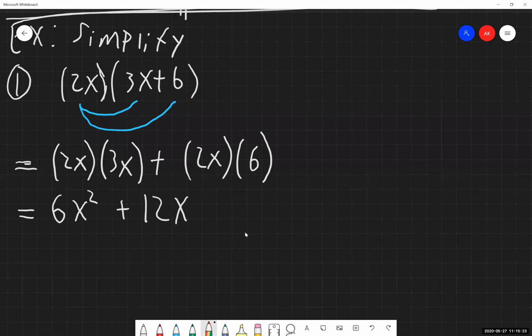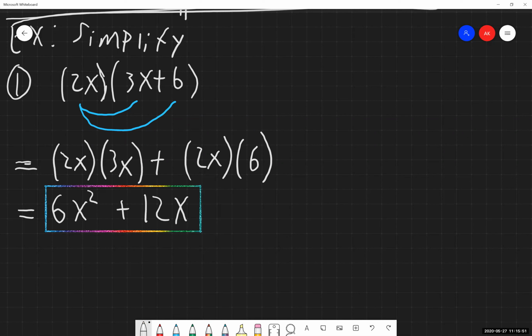I look to see, do I have my answer in standard form, meaning in alphabetical order and by descending powers? Well, it's in alphabetical order, yes. And I have the highest power term listed first, so I'm good to go there, which means I am done with this problem.